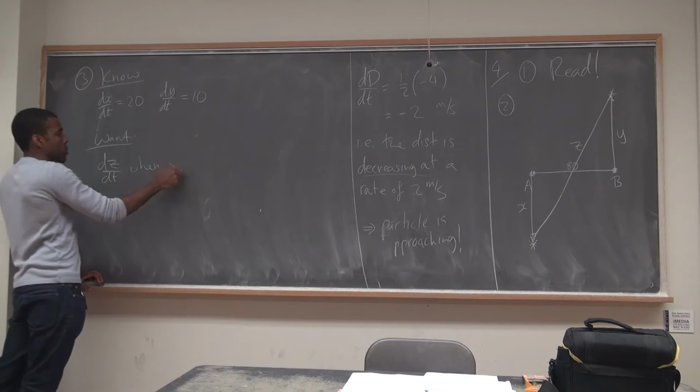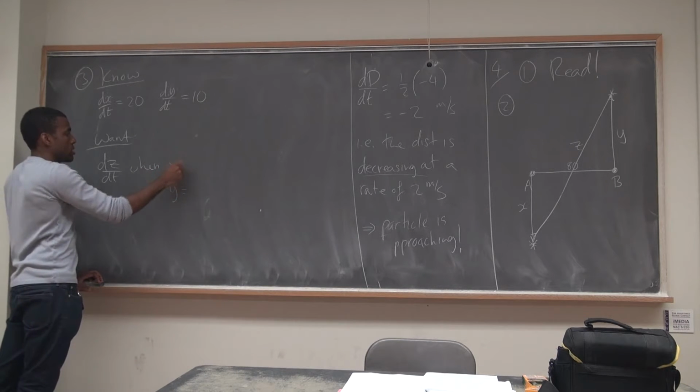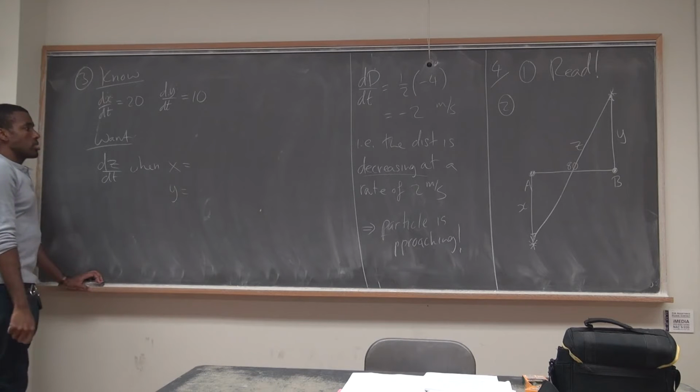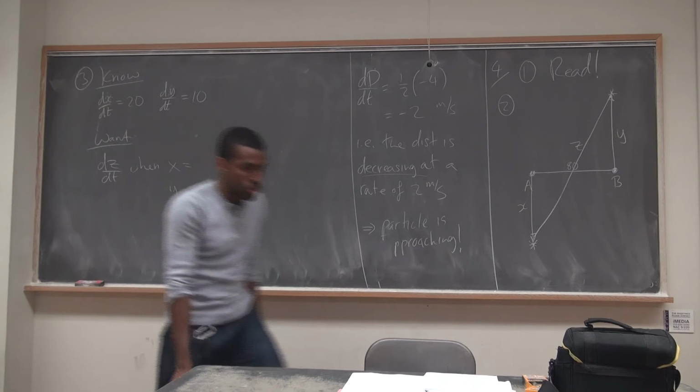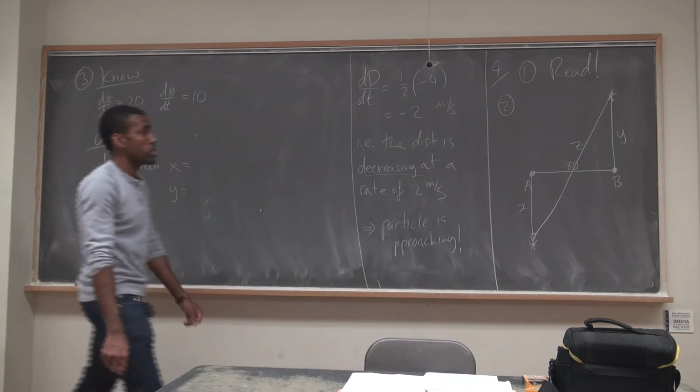Usually we care about what the x values and the y values are, right? So what would x be? 40. You're moving at 20 miles per hour and you've been traveling for 2 hours, from noon to 2 p.m. So what's x at this instant?